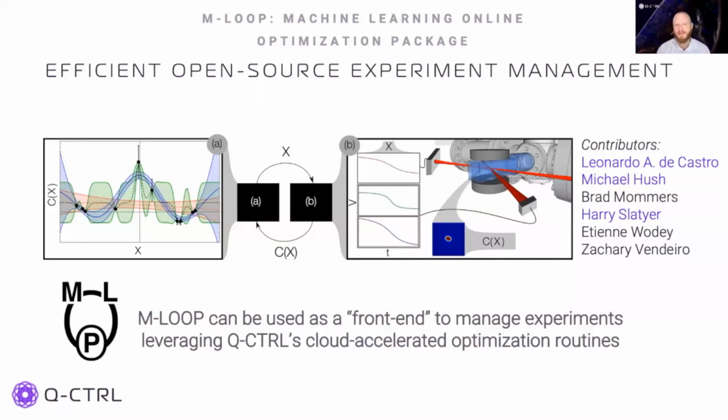mLoop provides an easy-to-use front end for optimizing quantum devices. It has multiple interface options, from file polling to direct integration with Python, and has built-in data management and visualization tools. There are many users out there already using mLoop who can now benefit from integration with QControl's optimization package.